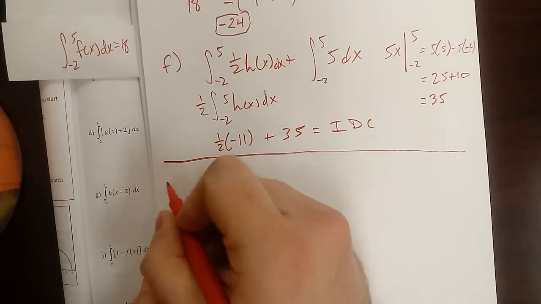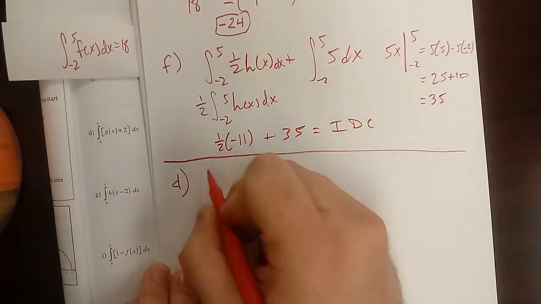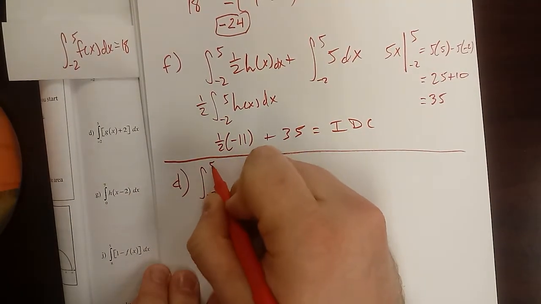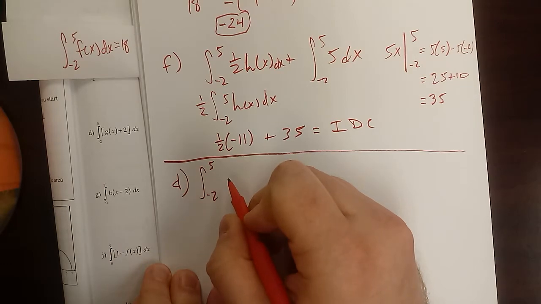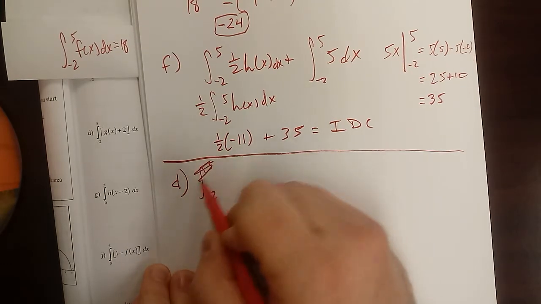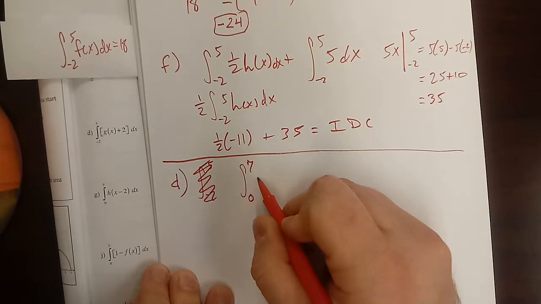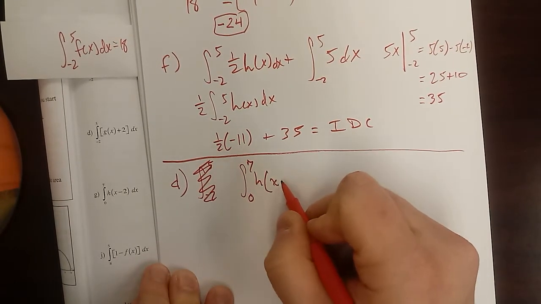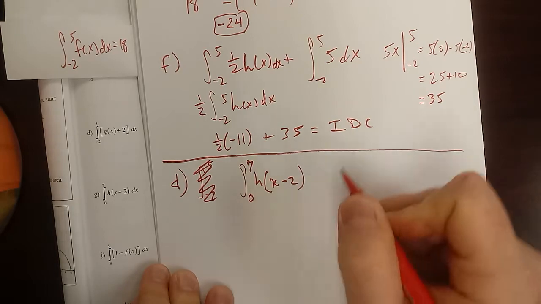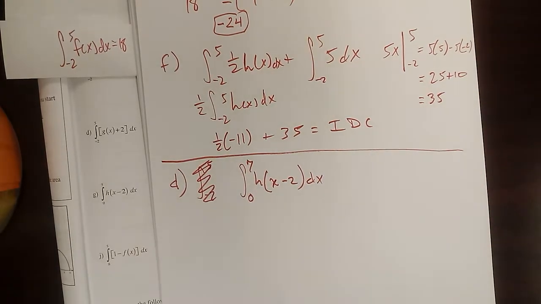I don't think I've ever done a problem like this before. This is neat. Oh, it doesn't say that. It says from 0 to 7, h of x minus 2 dx.